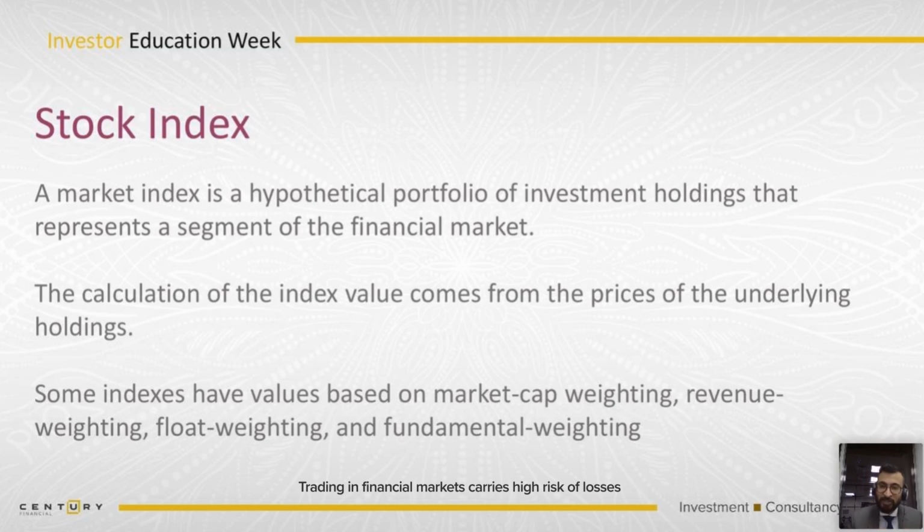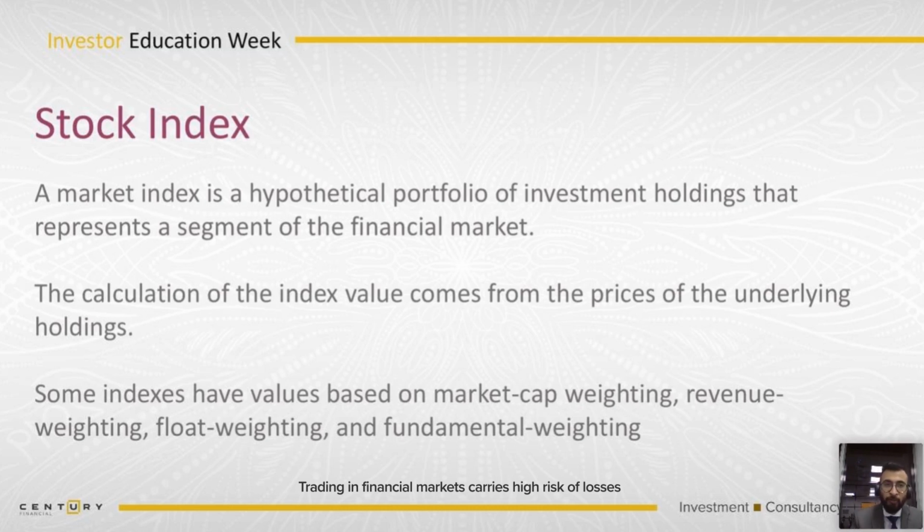US 30 or Dow Jones will have stocks which are related to entertainment stocks or media stocks like Walt Disney. They will have banking stocks like JP Morgan and Citigroup. It will have tech stocks like Apple and Microsoft. It will have airline stocks like Boeing. So a mixture of all these different sectors into one index.